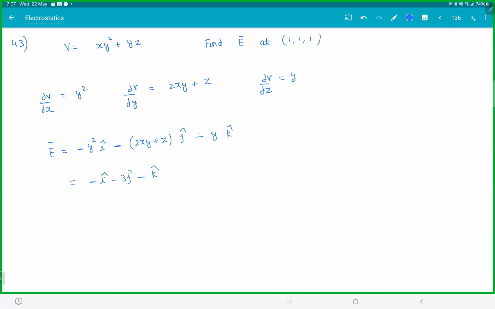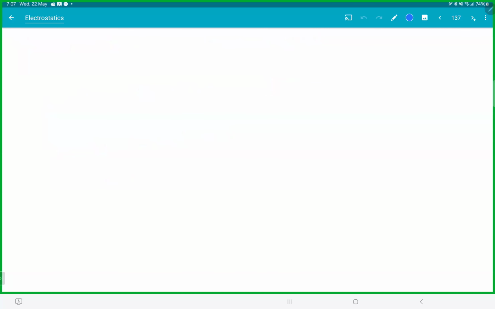Next one. Sometimes they'll not ask like this, they'll ask like this. They will say, this is the potential versus x-axis graph. Meaning that when you travel along the x-axis, this is how the potential changes.